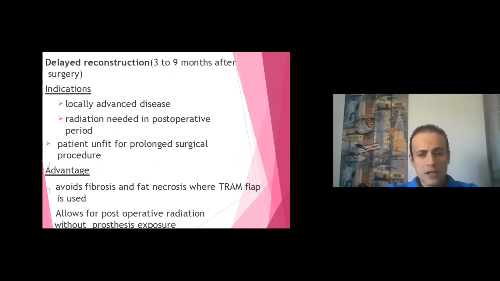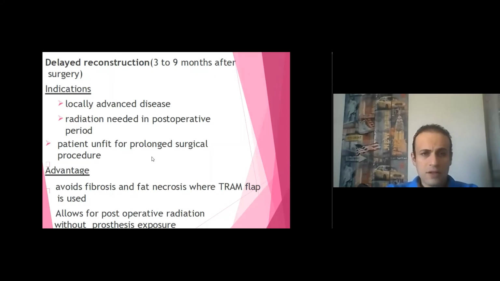Delayed reconstruction means 3 to 9 months after surgery. The most important indication is that radiation is needed or expected in the post-operative period, or the patient is unfit for a prolonged surgical procedure. That means we make a distance between the first operation and the second operation.